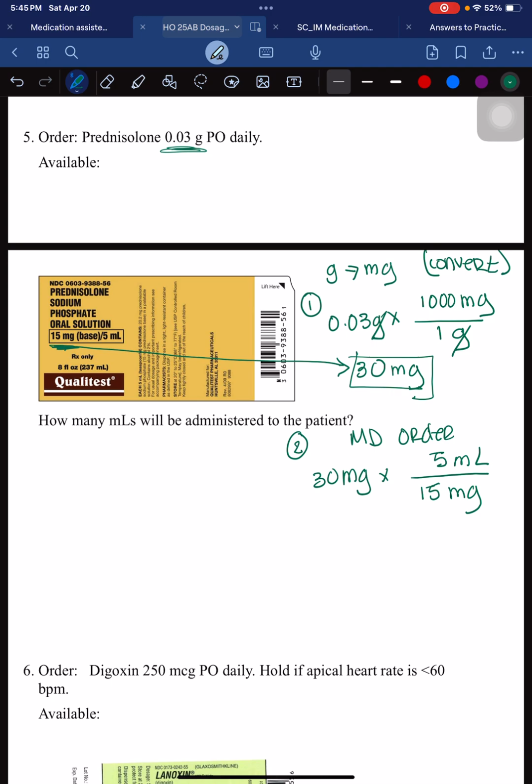What you need to do will be the same thing. So you need to multiply the 30 times 15. 30 times 15 would give you 450. My mg cancel out, ml, okay? And then you need to divide by 15 at the bottom.